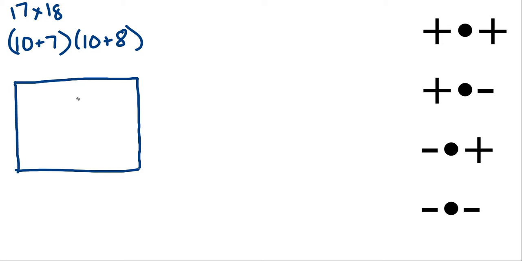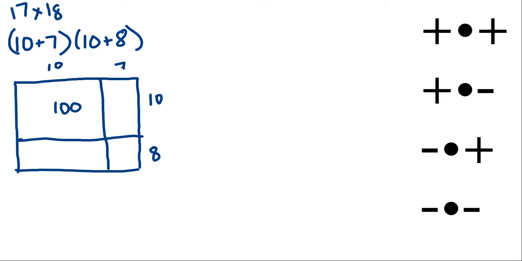Could have used my line tool, but this is just as good. 10 and 7, 10 and 8. The 10 by 10 is 100. 7 times 10, 70. 7 times 8, scary, 56. And then 10 times 8, 80.